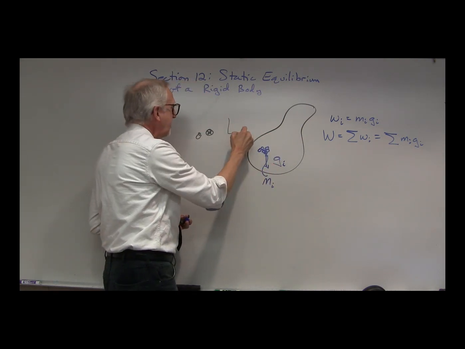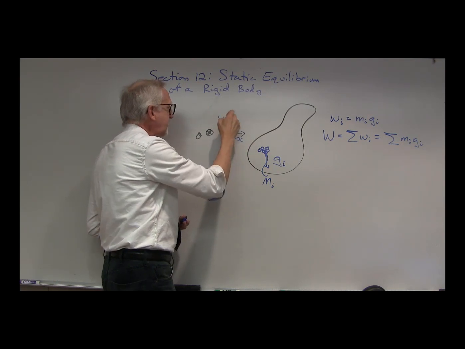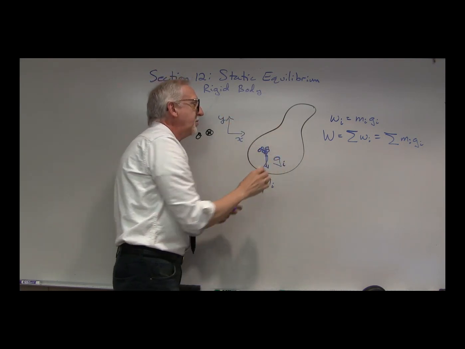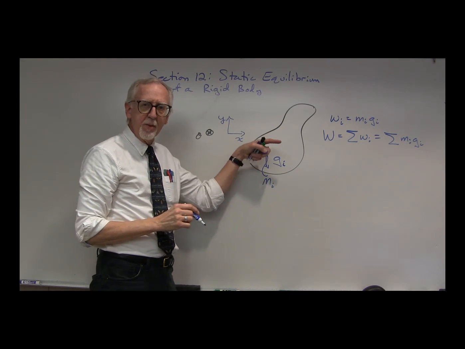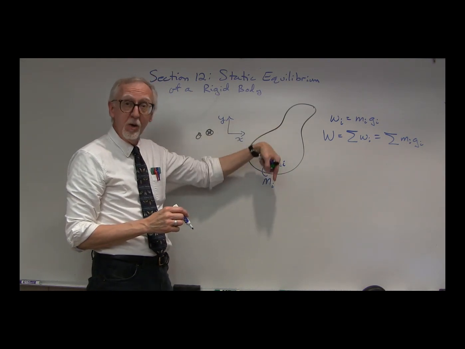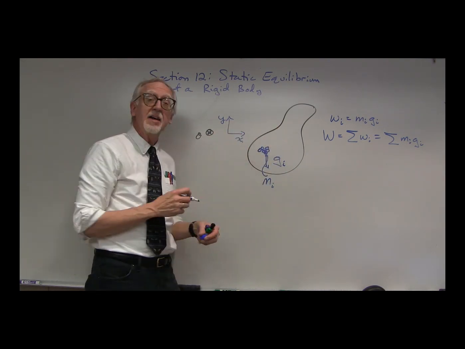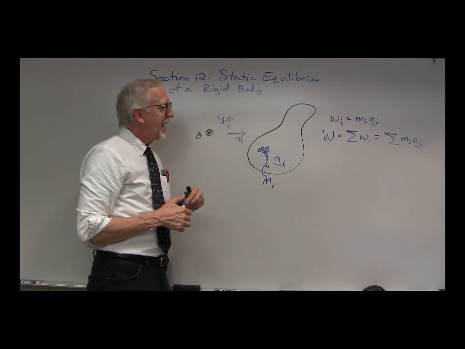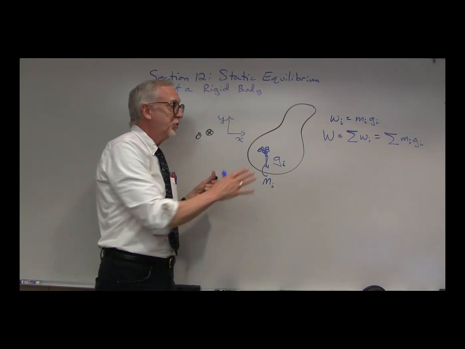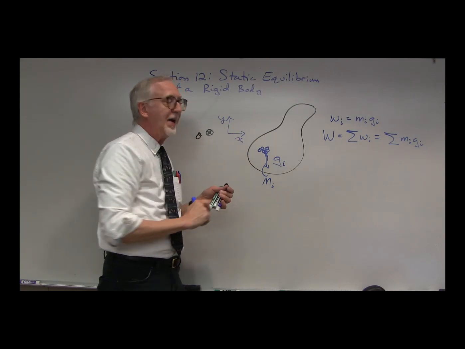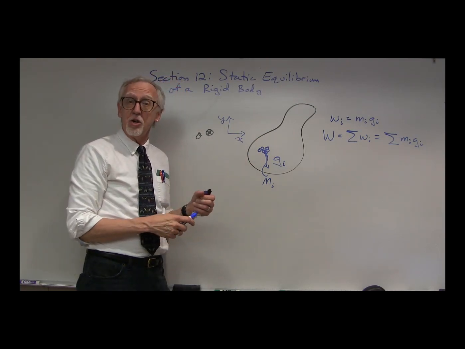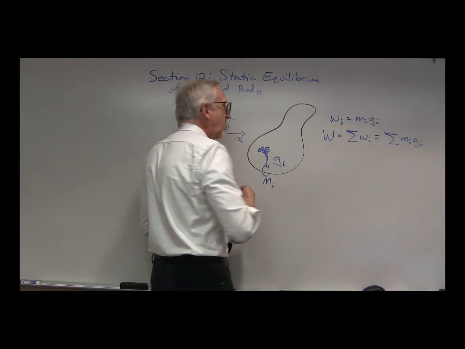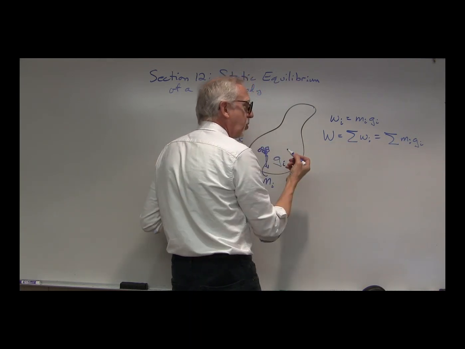The weights are going to be down, we'll assume. So with a coordinate system like this, if the force is down, the only position that we need to worry about is the one perpendicular to the downward direction, which would be the x-coordinate. So at what x-coordinate could we assume this weight acts in order to determine the torque? What is the total torque here?